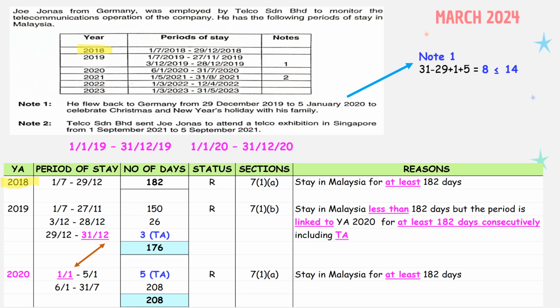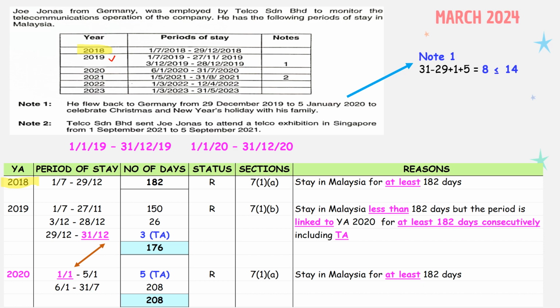Next year, it will be 2019. Okay, 2019. Guys, can you see we have notes here? Note number 1 and also note number 2, isn't it? Normally, notes might be temporary absent. I said might be, not confirmed. So what should we do? You guys need to read the notes and then you identify whether the notes is TA or not TA.